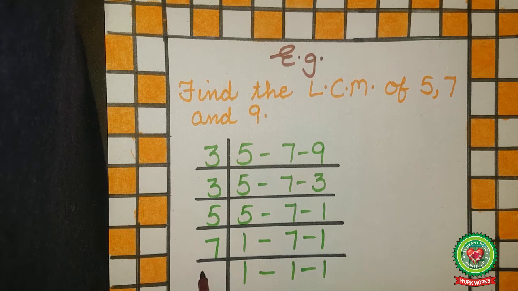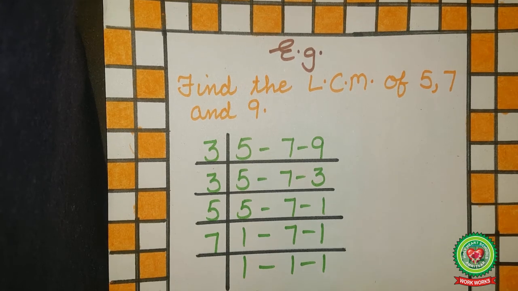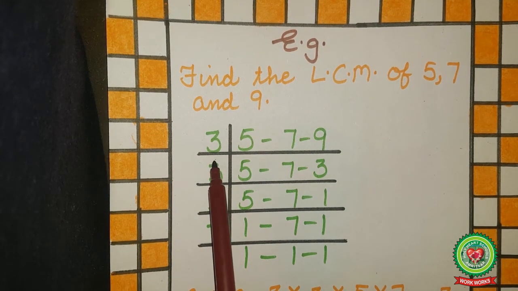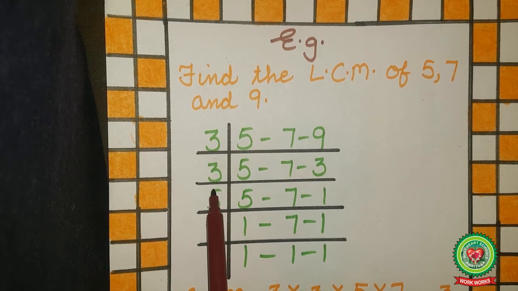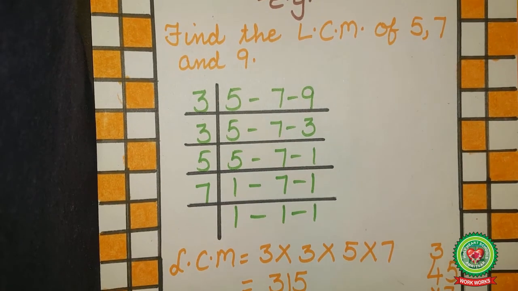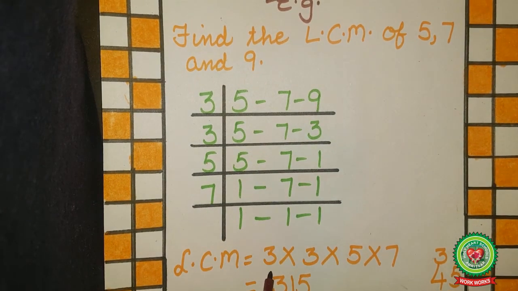So divide 7 by 7. On 7 table 7 comes on 1. That means LCM is equal to 3 multiply by 3 multiply by 5 multiply by 7.